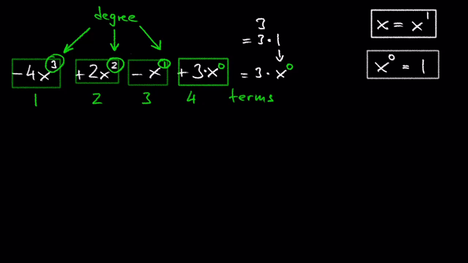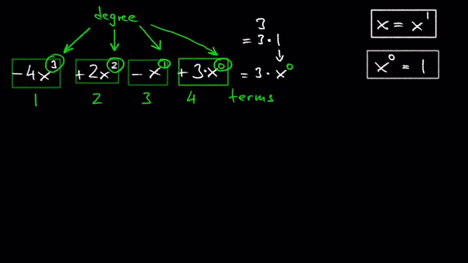Now we see the degree of the fourth term, 3. The degree of 3 or any other non-zero number is always 0. This is a good example to demonstrate why I highly recommend in my video about exponents to memorize that x equals x raised to 1 and x raised to 0 equals 1.